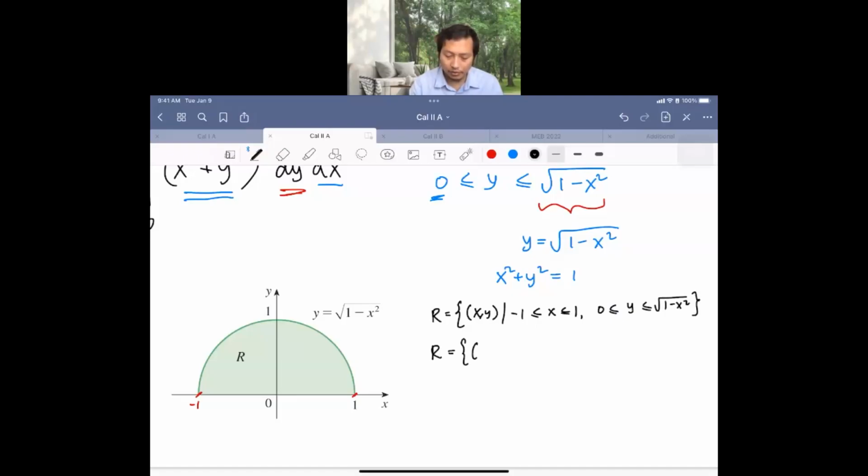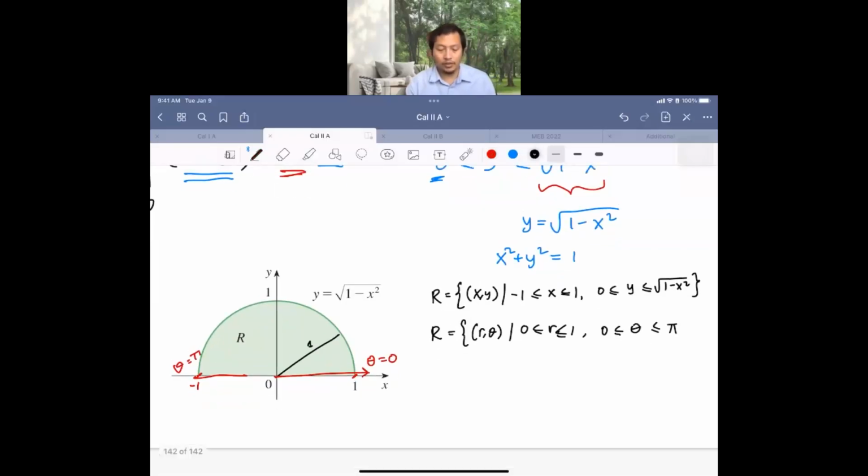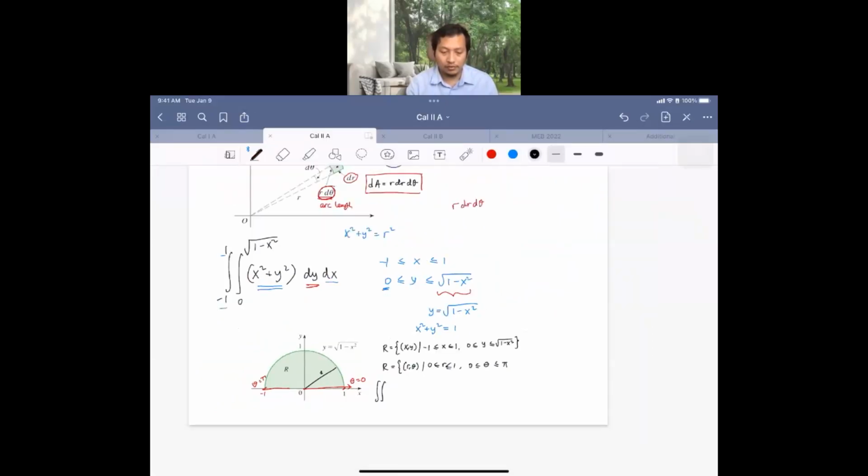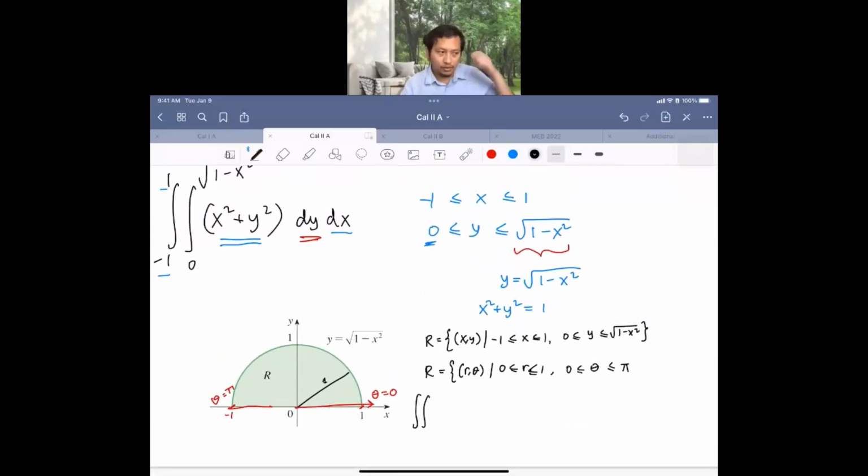We can convert this to r and theta, where the radius is just 1, so r is from 0 to 1, and the angle is from 0 to pi. So this is theta equals 0, and this is theta equals pi. And then we could write the new formulation for the double integral.